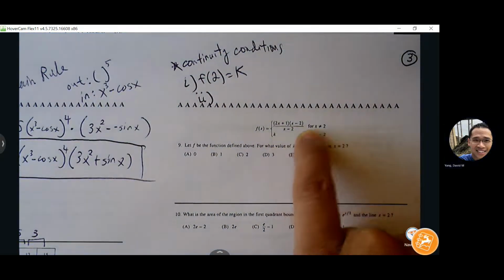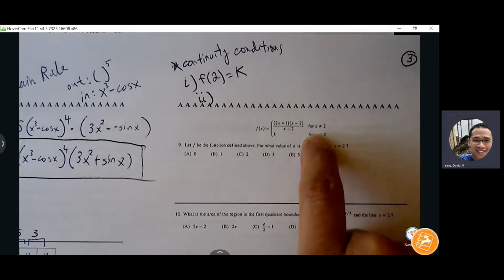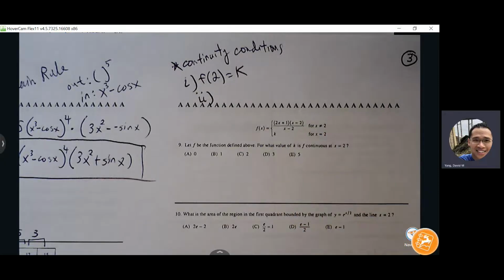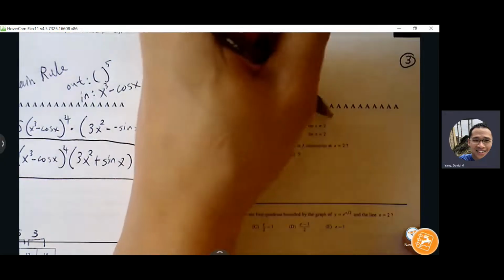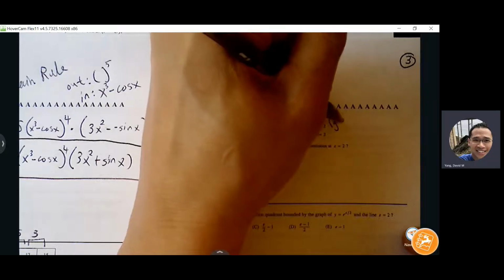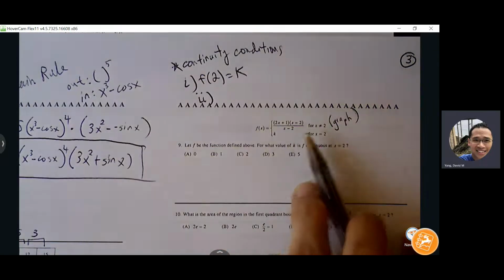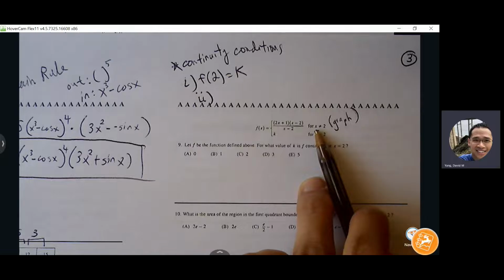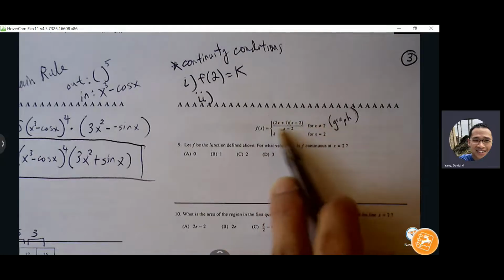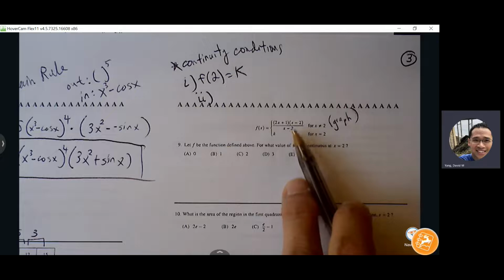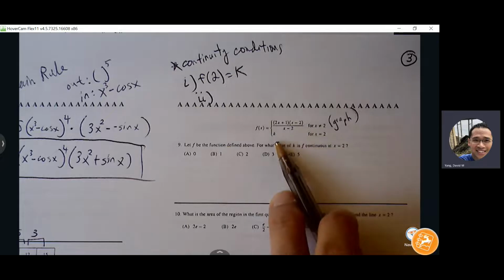The limit. I know that the limit is for the connected parts of the graph, not for the ordered pair. So the graph is sitting in this first piecewise, because x doesn't equal 2 means everywhere except 2. So all the connected parts are here. So I just find the limit of my graph, not for my point.